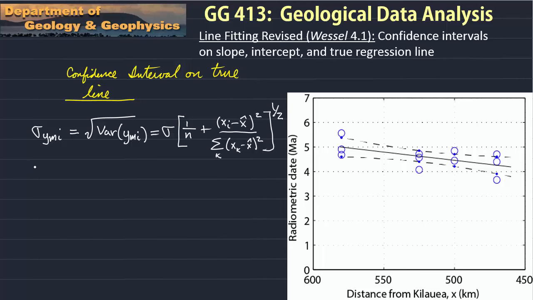And so the confidence interval on the true line, I'm using mu to denote the true line function, is equal to our best estimate, which is our model function, plus and minus this confidence interval, sigma y m i, times, again, our t statistic.